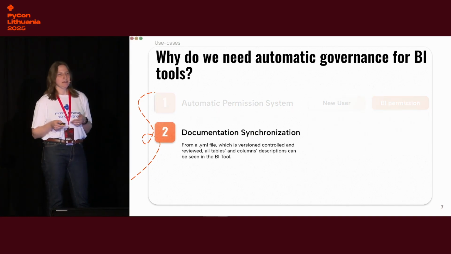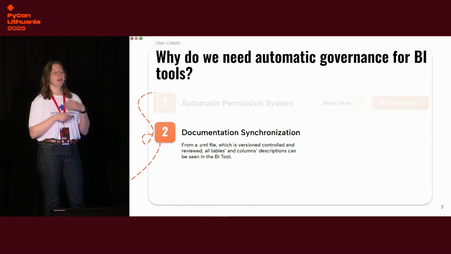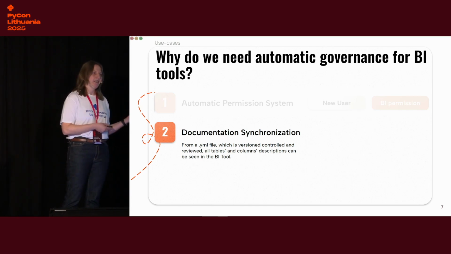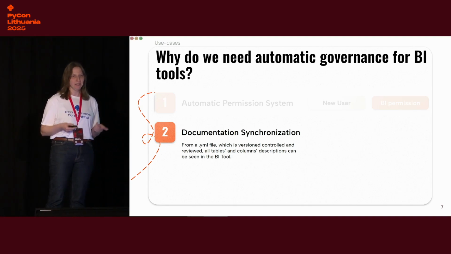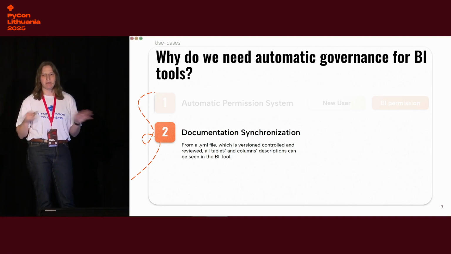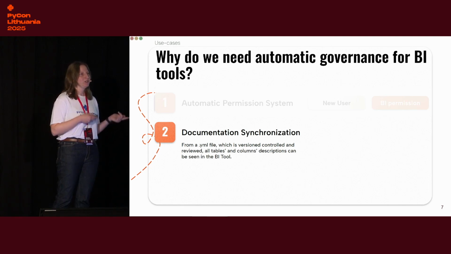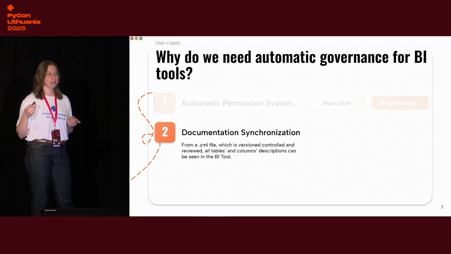Another point is documentation synchronization. We have a lot of tables, a lot of data. And as it is self-service analytics, anybody should be able to see what we are showing to them, any KPIs, anything like that. We already have documentation, so we have to sync this to the BI tool as well.